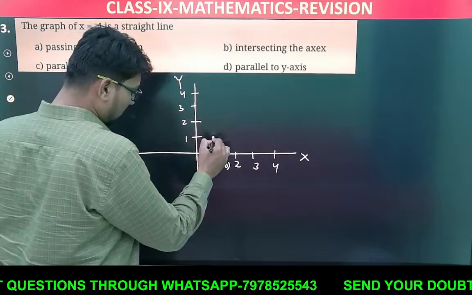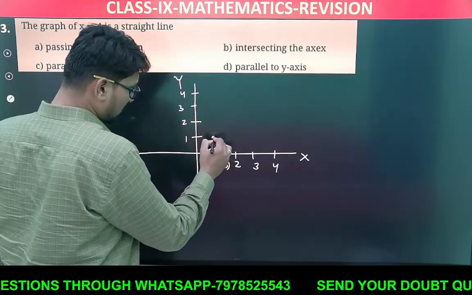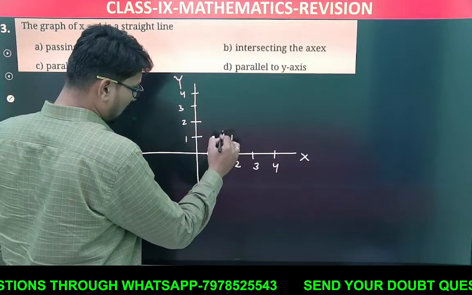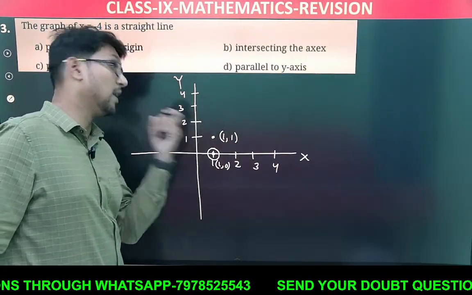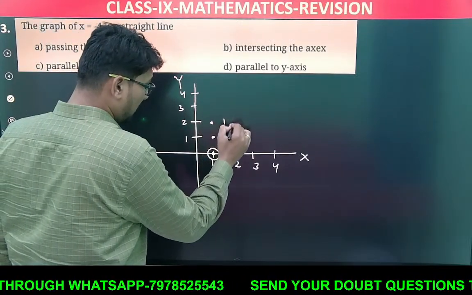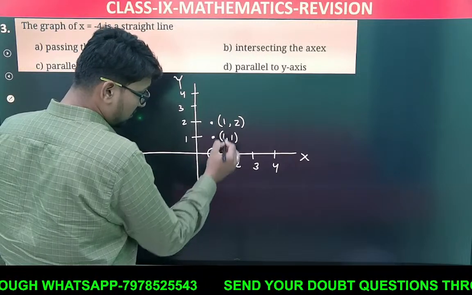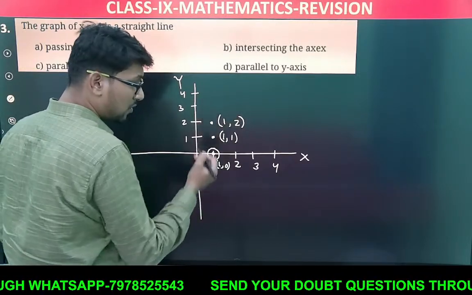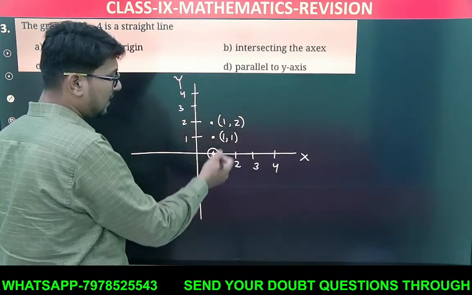And what about this point? This is a point whose coordinates are (1, 1). Here at this point x is 1 as well as y is 1. At this point x is 1 but y is 2. Check: y in the first point is 0, in the second point 1, in the third point 2. So y varies, it changes 0, 1, 2, but x is constant.